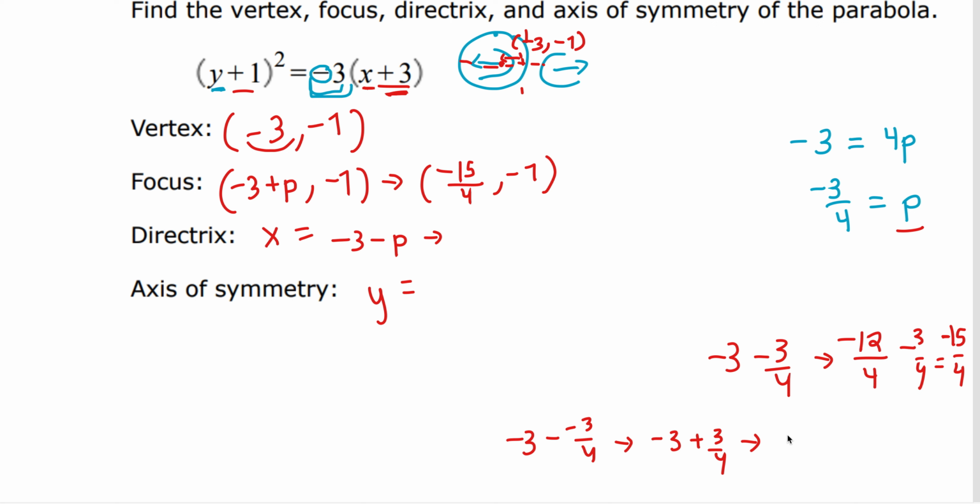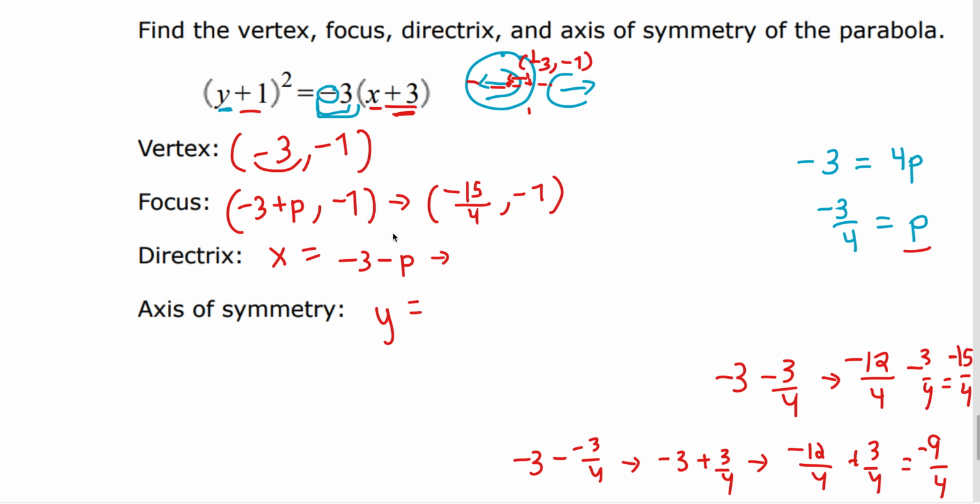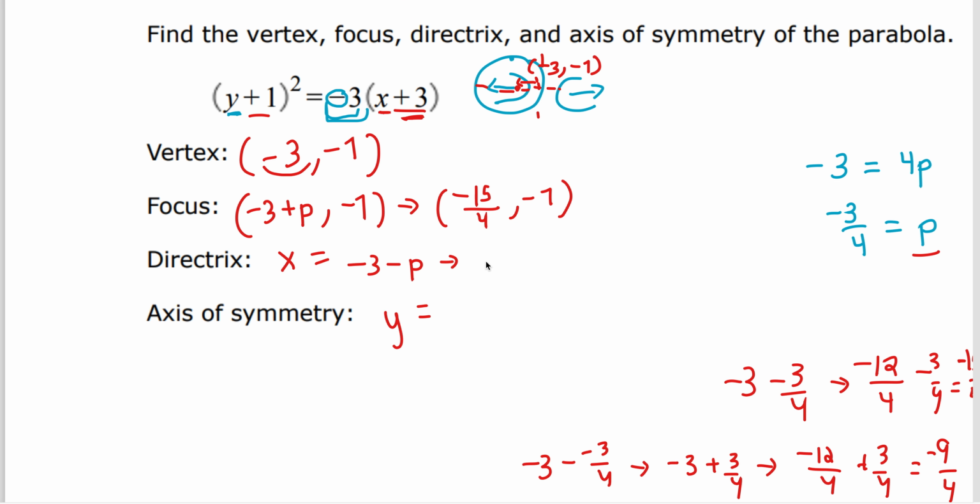Which is -12/4 plus 3/4. So this equals -9/4, right? So we know that the directrix is x equals -9/4.